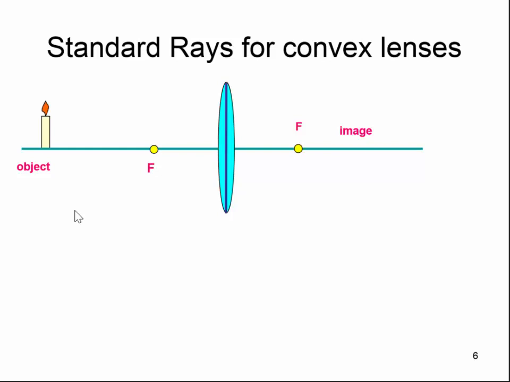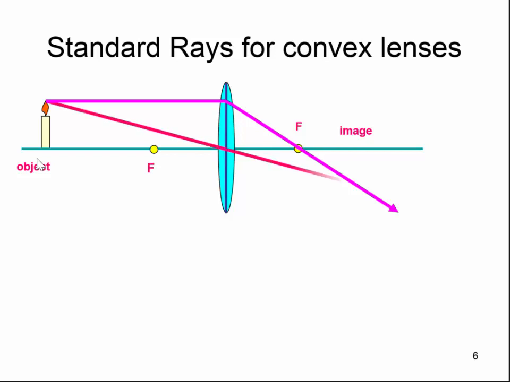So your object over here, a candle in this case, hits the lens and refracts, not reflects, and heads through the focus. Or any ray that goes through the center will go through without changing its direction, because it bends as much when it comes in and it bends back that amount when it comes out, so it essentially heads straight through the lens. And if it comes through the focus on the side that the object is on, it goes out as if it were parallel.